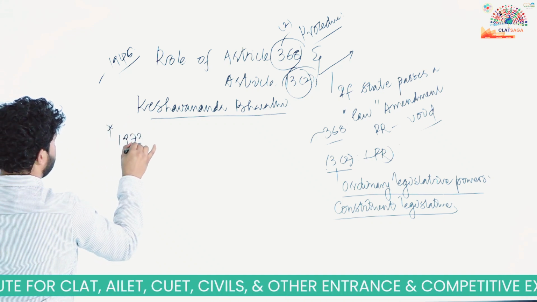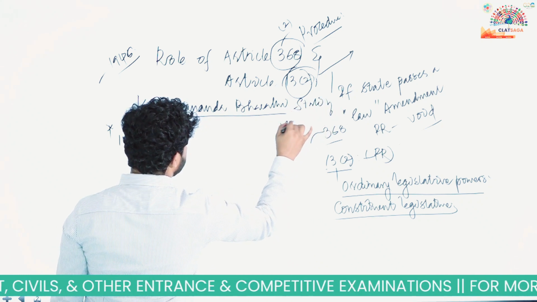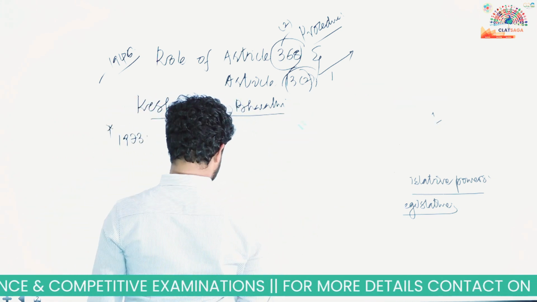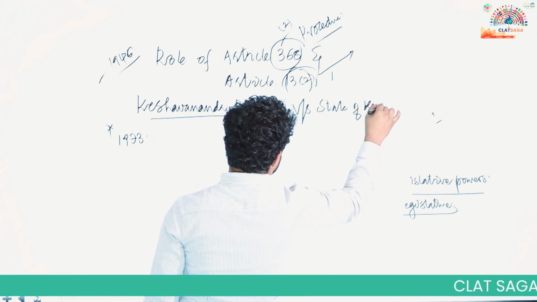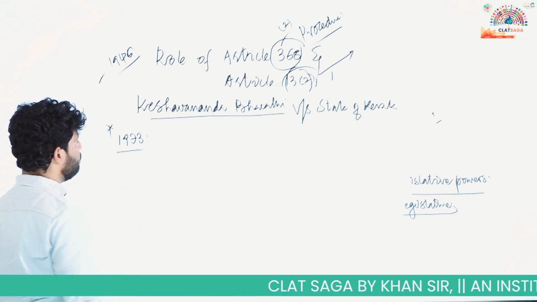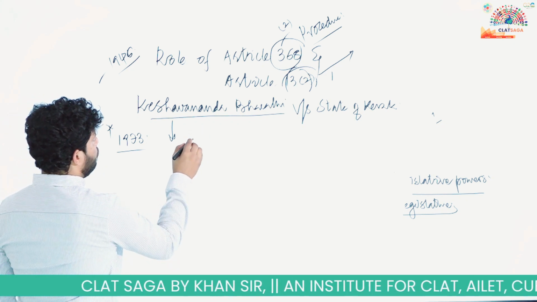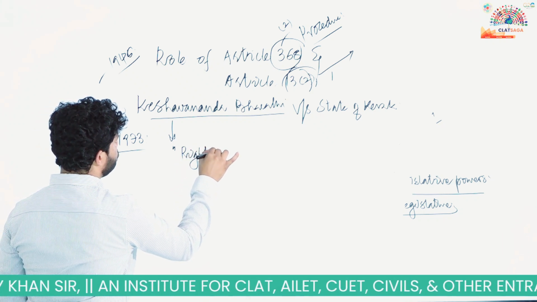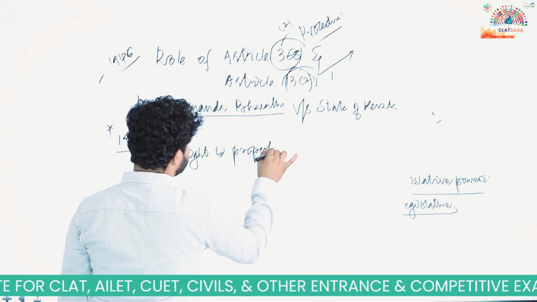It was challenged that the right to property cannot be abridged from the individual because it was part of fundamental rights.